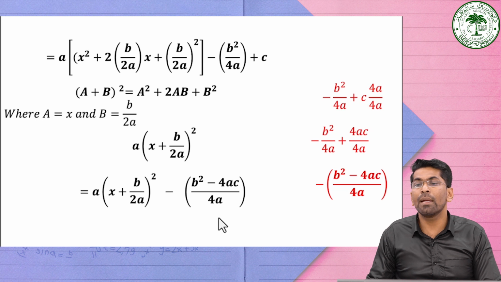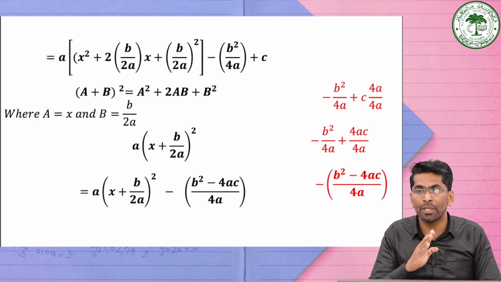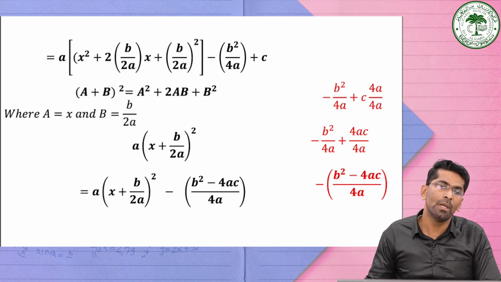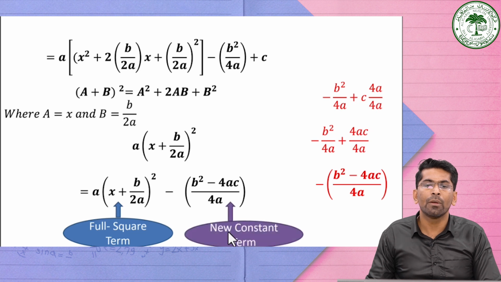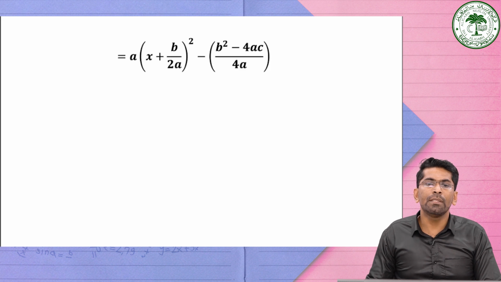Thus we have a complete square transform, a new appearance of a quadratic function without changing its values. Here this is a full square term, x plus b by 2a whole square. Then we have b square minus 4ac divided by 4a, which is the new constant term. Now see, these are the terms we have derived.